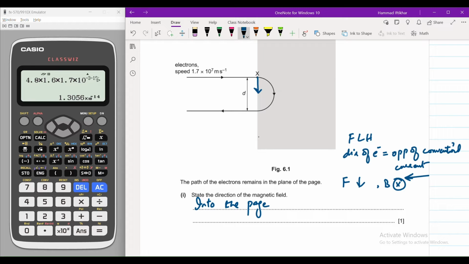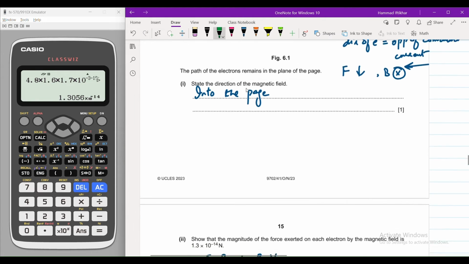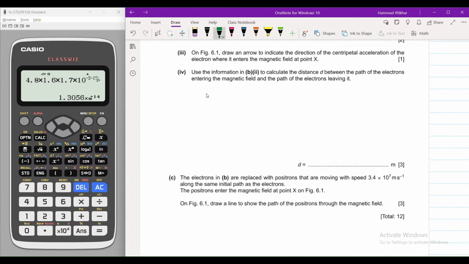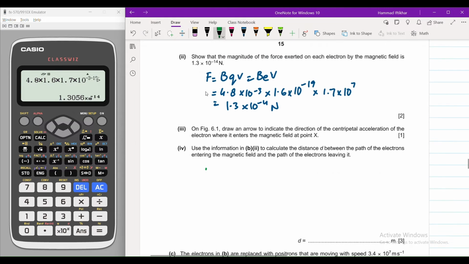Okay, all right. Since this follows a circular path, this will be the radius of curvature. This will be the radius, so we want twice the radius. We know that BQV is equal to mv squared over r. So we need r, that is equal to mv squared over BeV.